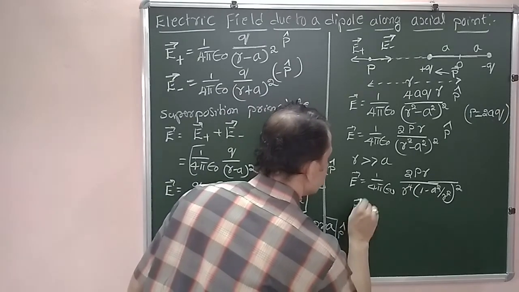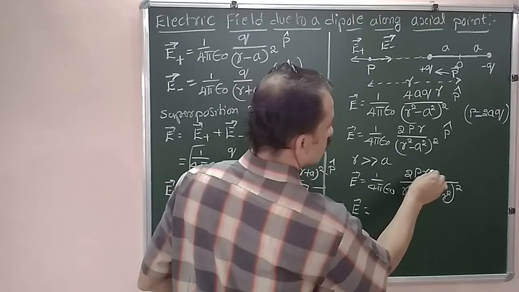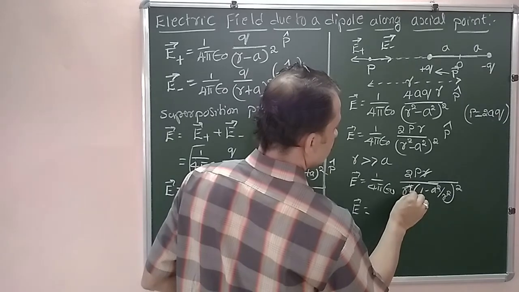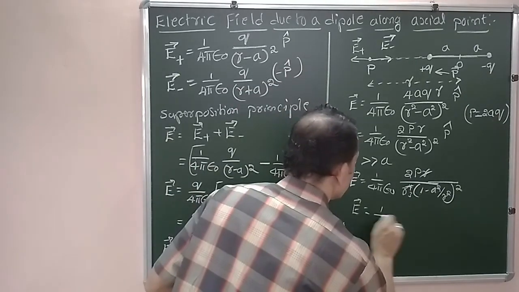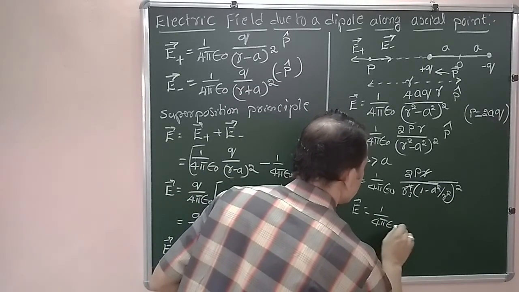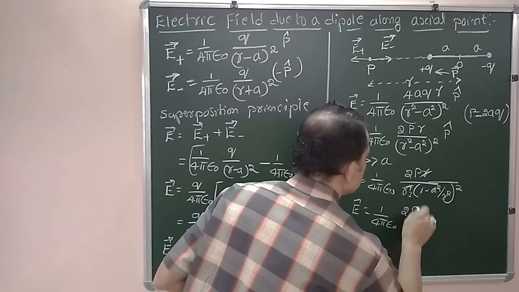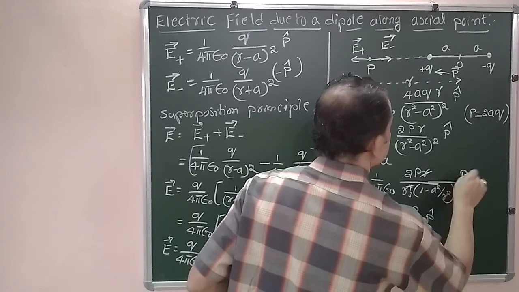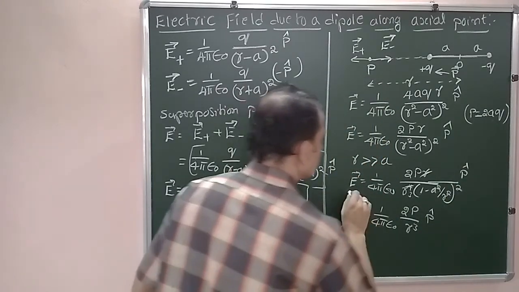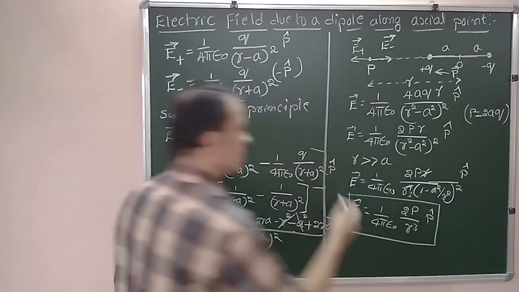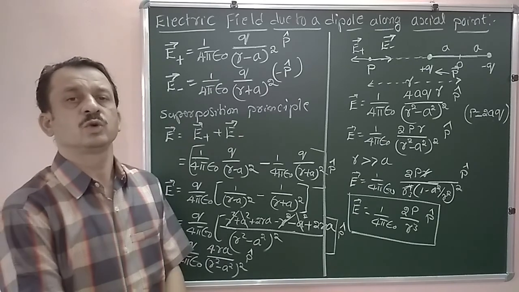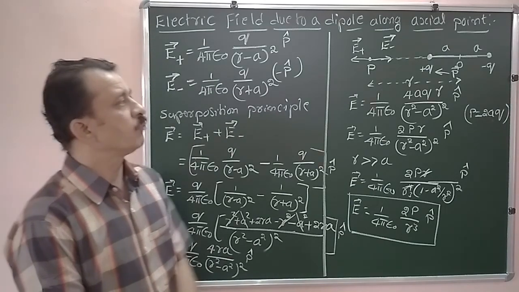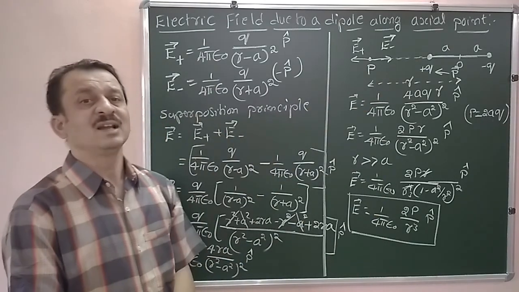Therefore we are left with E is equal to, now one R gets cancelled here. Therefore 1 divided by 4 pi epsilon naught, 2P divided by R cube into P cap. Now that is the final expression for electric field due to an electric dipole for a point along the axial line.